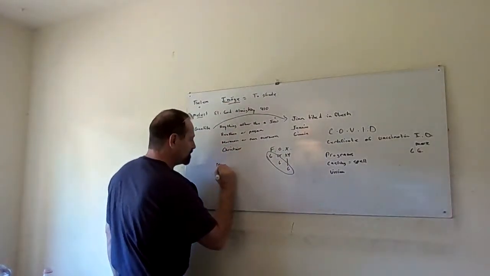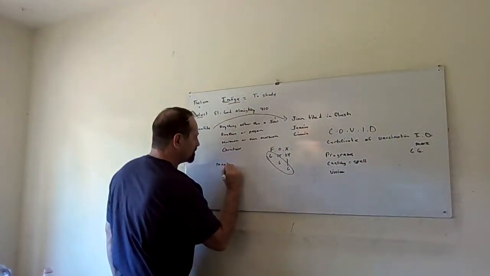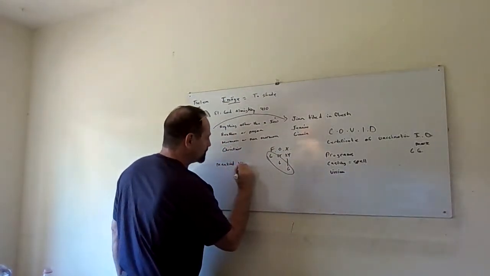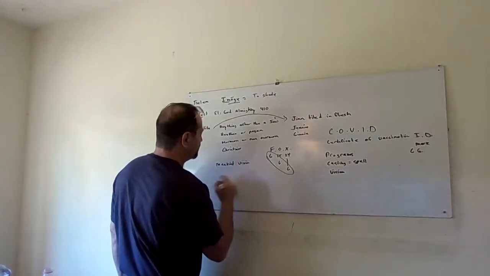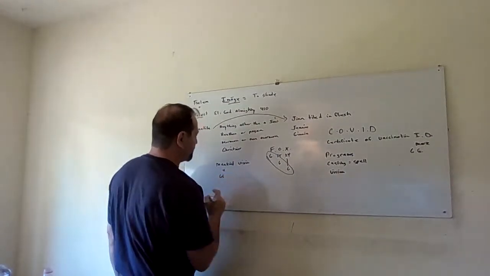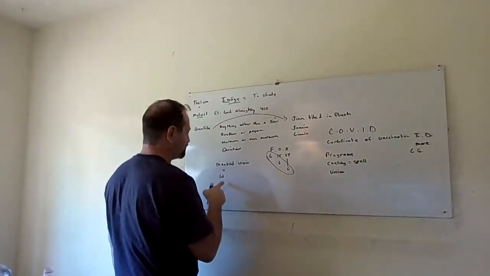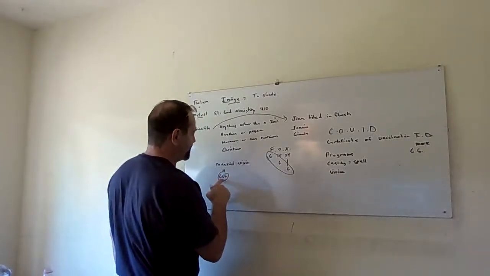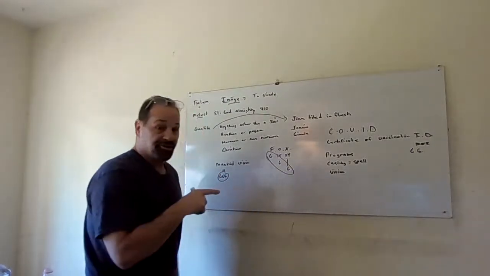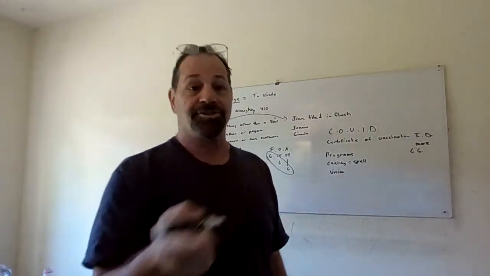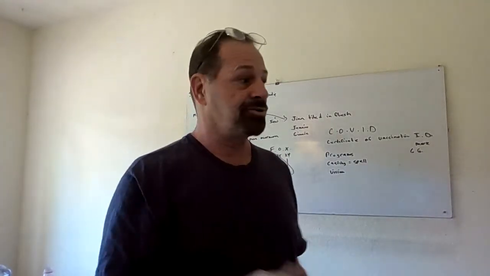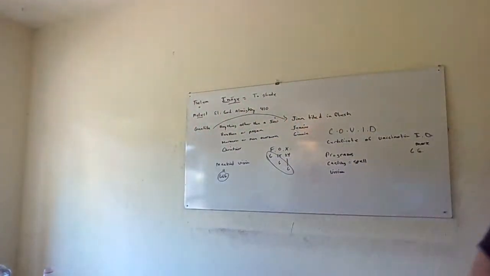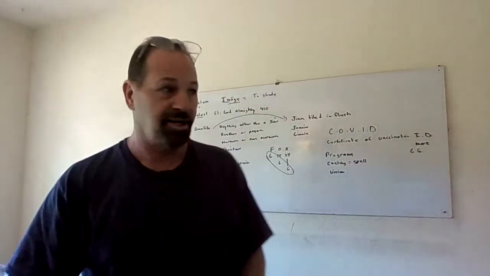Mankind equals 66 in simple gematria. Mankind's what's created on the 6th day of creation. There's 2 different creations going on, folks. There's one that's created on the 6th day of creation in an image of God.